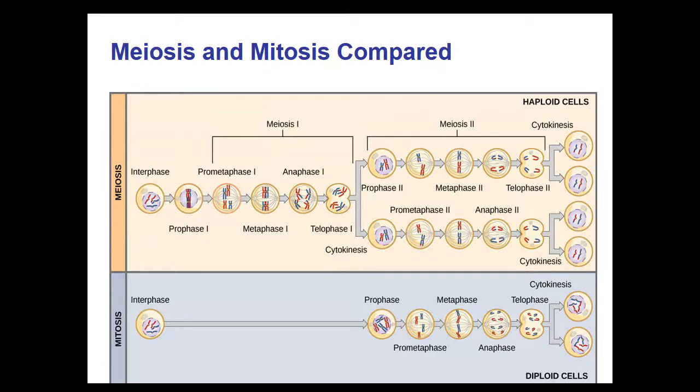And then in anaphase, it's the chromosomes of a pair that are pulled apart, not the sister chromatids of each chromosome. They stay together. Only in meiosis two do the sister chromatids of each chromosome separate into the daughter cells.